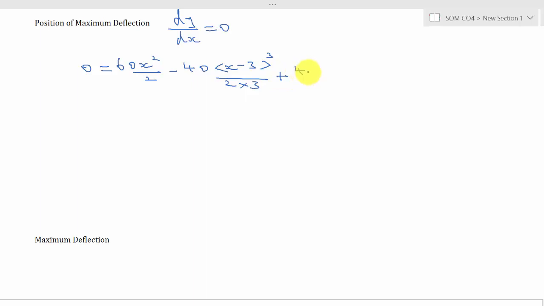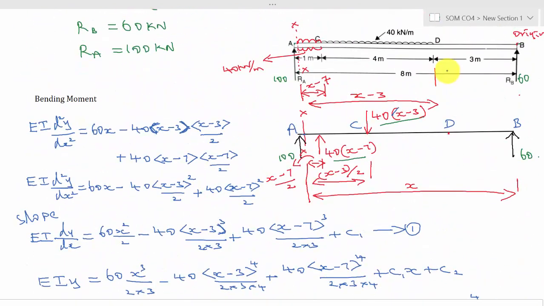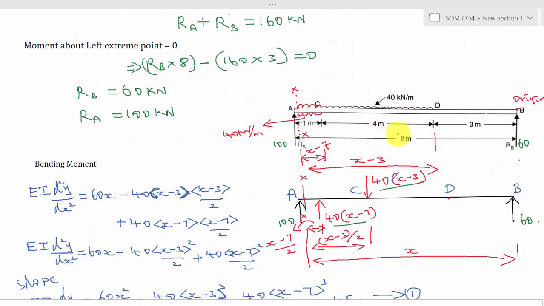Then plus 40 x minus 7 the whole cube divided by 2 into 3. Then instead of plus C1, I am going to put the C1 value, that is 509.74.